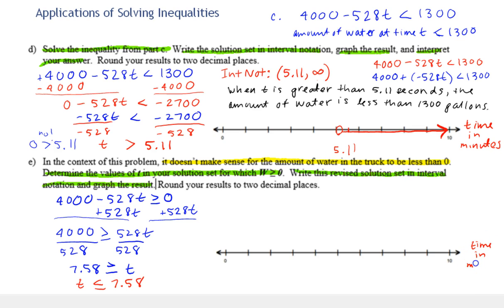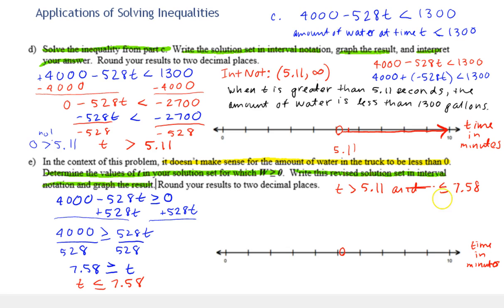This is time in minutes. And now we want two things to be true. We want t to be strictly greater than 5.11 and t to be less than or equal to 7.58. So here's our 5.11, it was about here, 1, 2, 3, 4, 5.